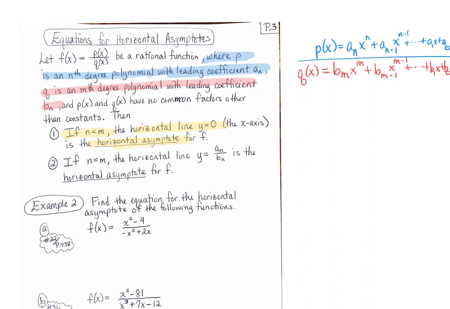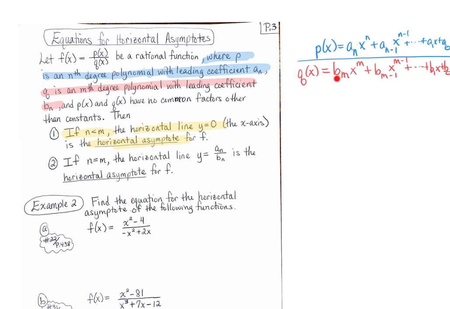If n equals m, so if these two are the same, then the horizontal line y equals a sub n over b sub n is the horizontal asymptote. So if n is equal to m, then you just take the leading coefficient over the leading coefficient.